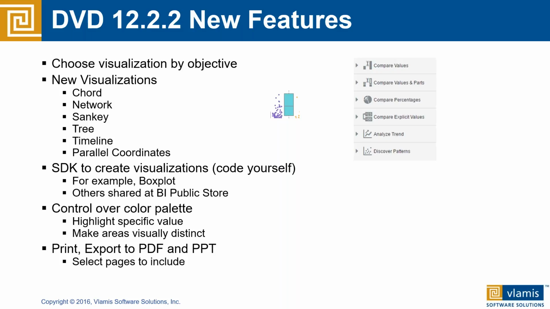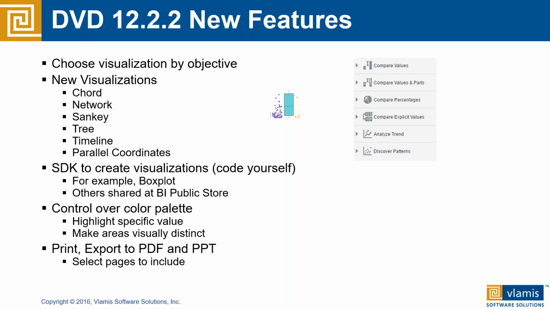There's an SDK for creating your own visualizations, and indeed some examples in the BI Public Store that you can download, and Arthur will show examples of that, including nicely a box plot visualization that's in there. These are first-class objects the way they're created, and you can expose as an object creator all sorts of capabilities, capitalizing on the grammar of graphics architecture that Oracle has created there, and allow all of those controls and to fully interact with other visualizations.